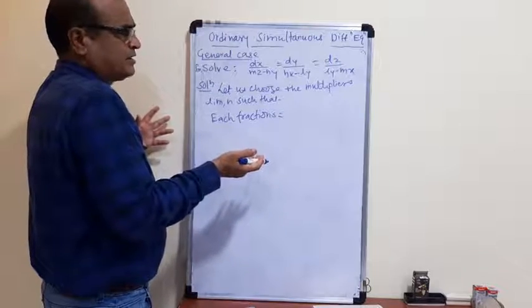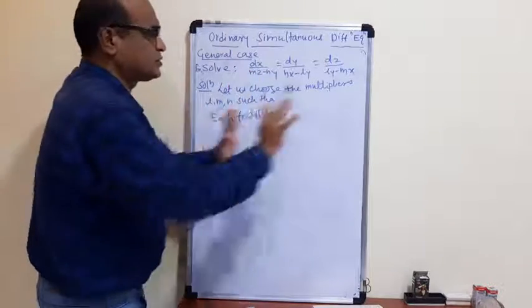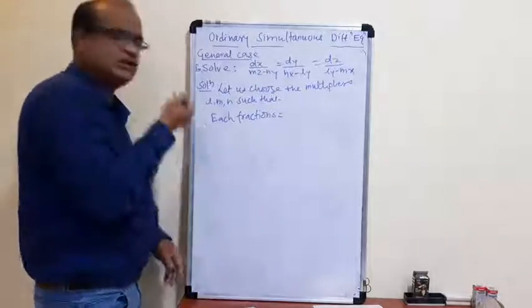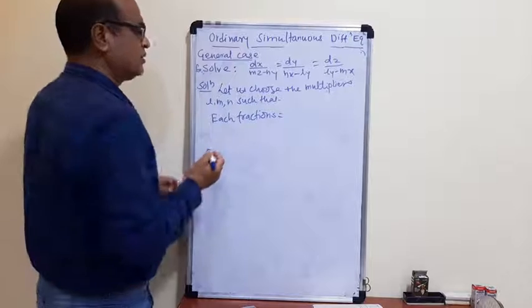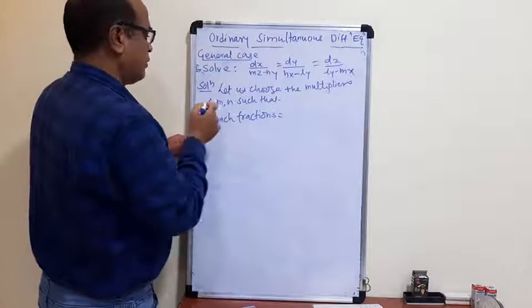It is not necessary to write that this is equal to something, you just write each fraction is equal to. So what are the multipliers?